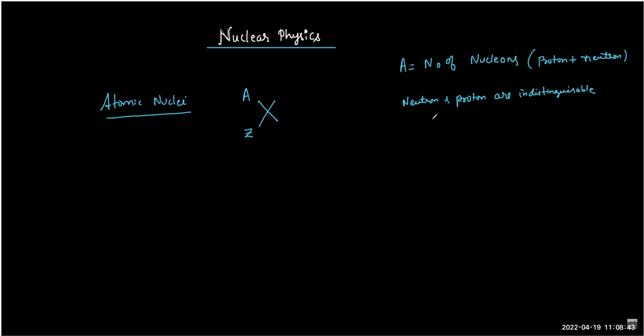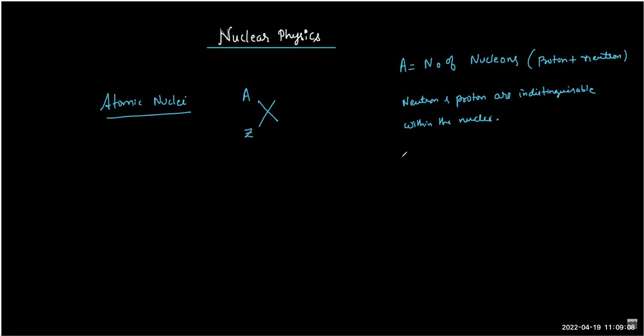So neutron and proton are indistinguishable within the nucleus, and that is why we just call them nucleons. We don't distinguish.